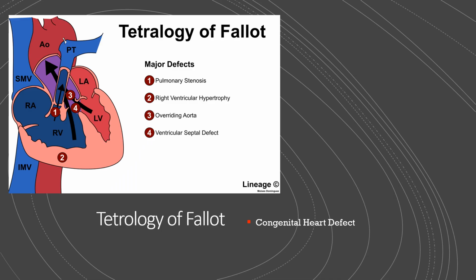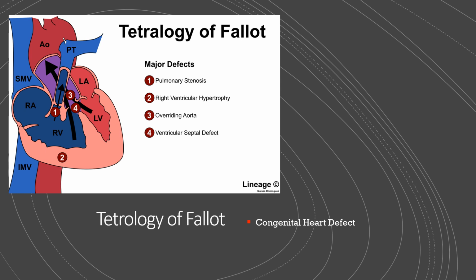Tetralogy of Fallot is called Tetralogy because there are 4 major defects that we are looking at. They're labeled 1, 2, 3, 4. The first one is pulmonary stenosis. The second one is right ventricular hypertrophy, where you can see that the right ventricle muscle is a little bit enlarged.